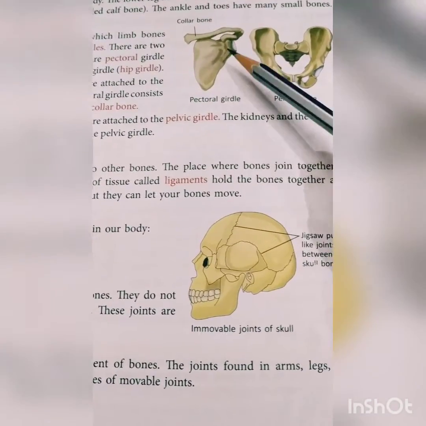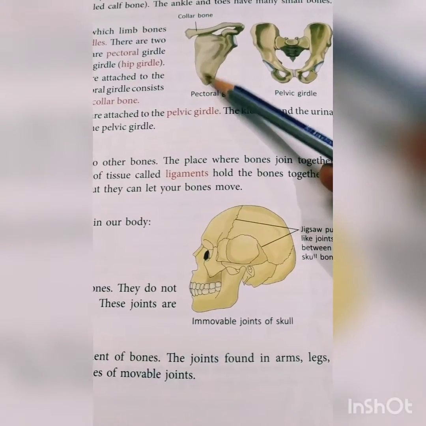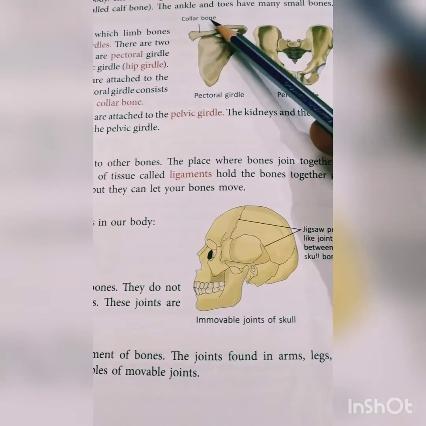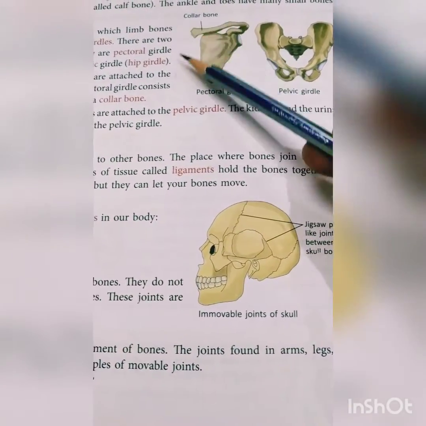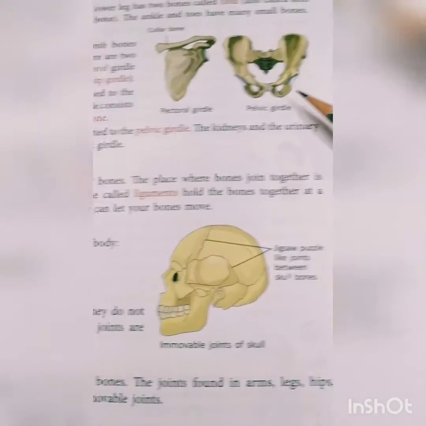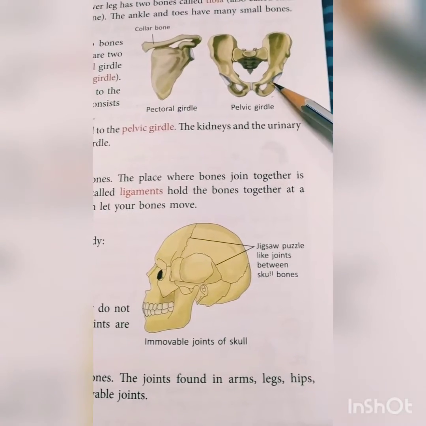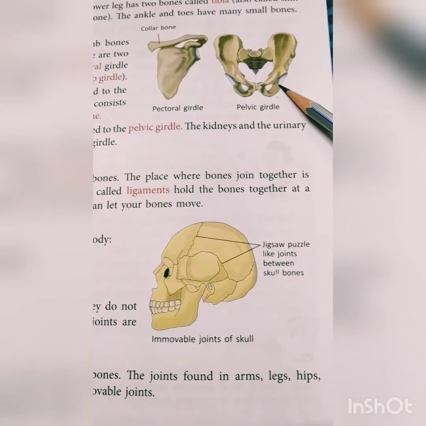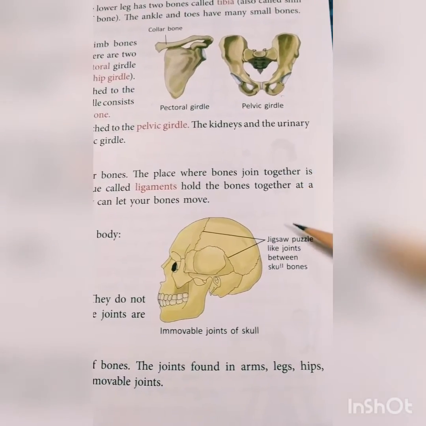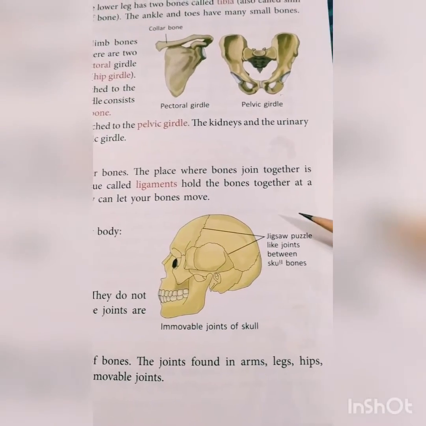So this is called the pectoral girdle, where the arm bone is joined, and this is called the pelvic girdle, which can also be called the hip bone, where the leg is joined.